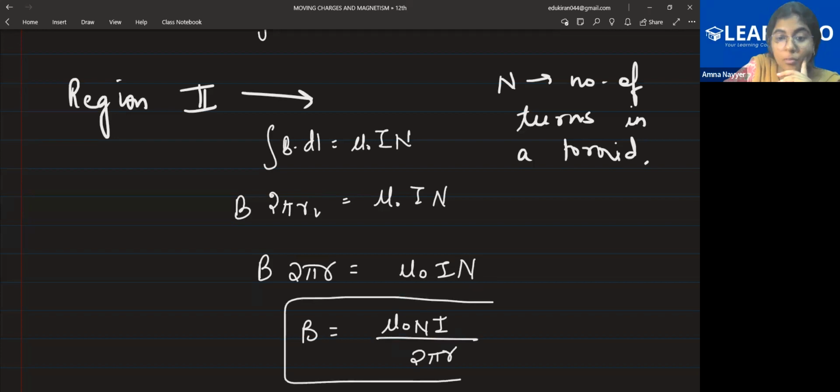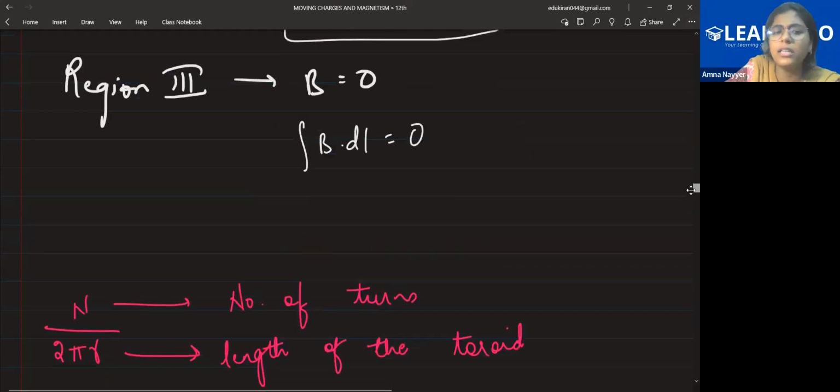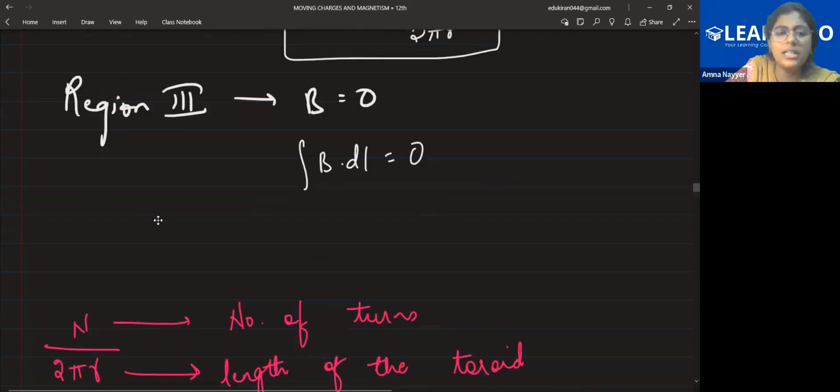This is the formula. Now the net resultant, if you add all the regions, you will get 0 plus mu naught I n by 2 pi r plus 0.